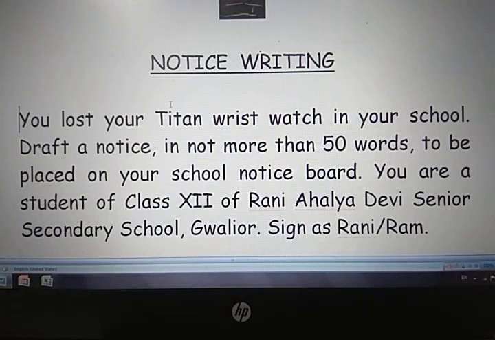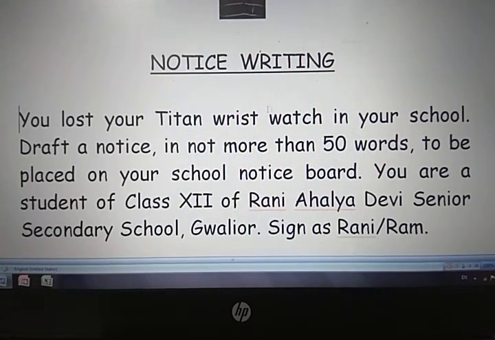Draft a notice in not more than 50 words to be placed on your school notice board. You are a student of class 12 of Rani Ahalya Devi Senior Secondary School, Gwalior. Sign as Rani or Ram.